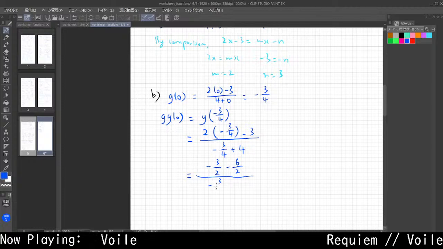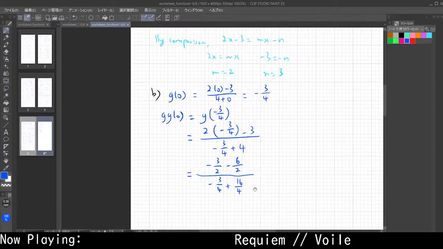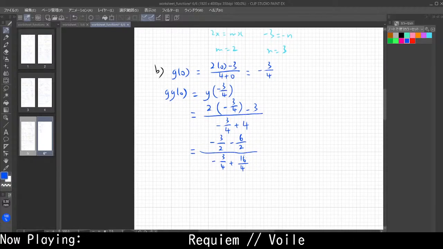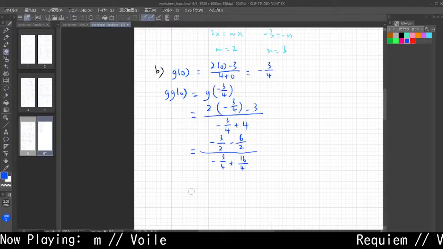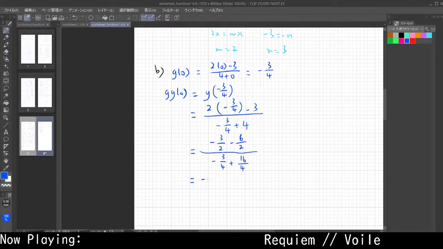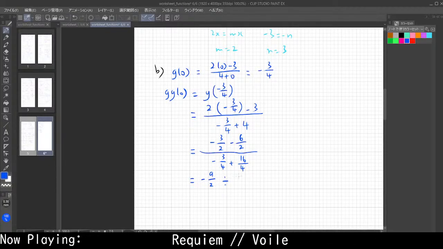Denominator is 4, so you get 16 over 4 for this. Then this one with minus 3 minus 6 is minus 9 over 2, divided by 16 minus 3 is 13 over 4.